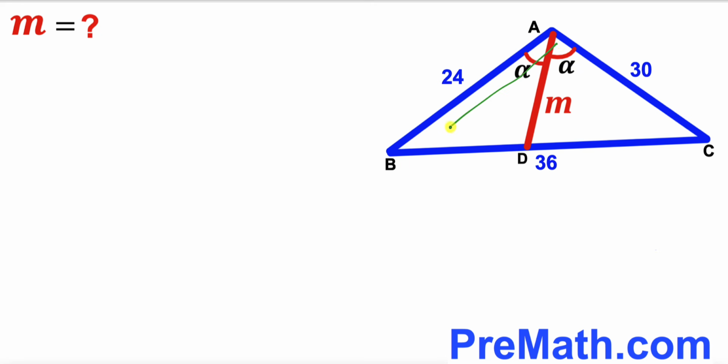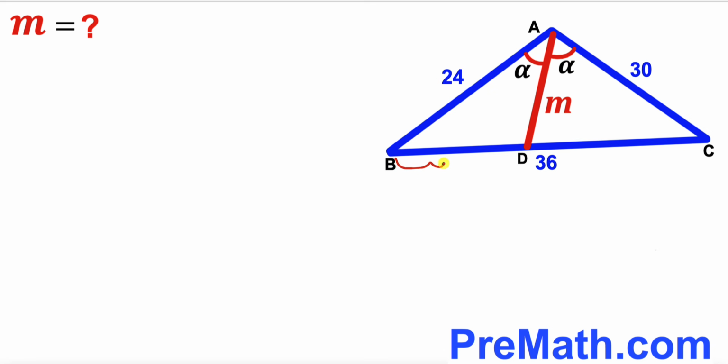Let's focus once again on this triangle ABC. And we know this segment AD is our angle bisector, since this angle is alpha and this angle is alpha as well. So therefore, we end up with these two segments, BD and CD.